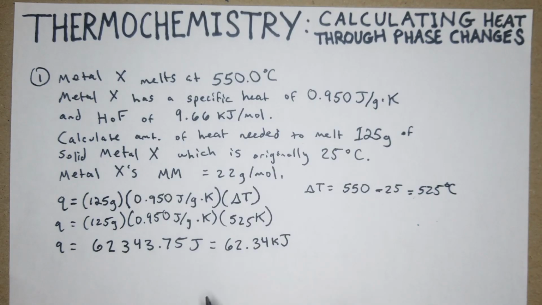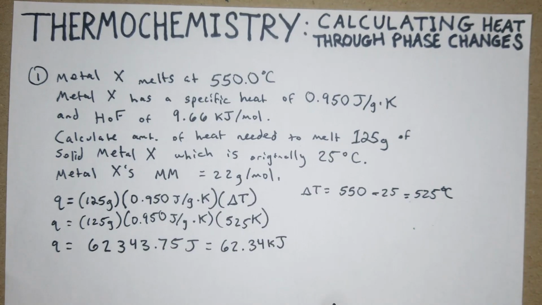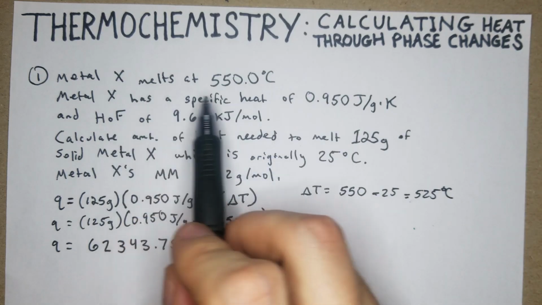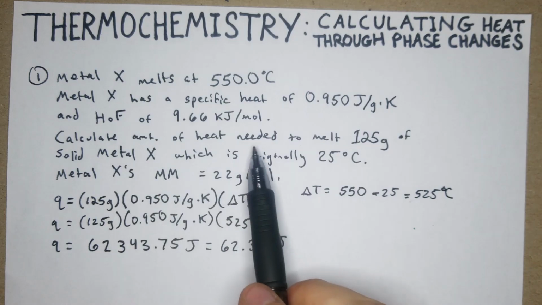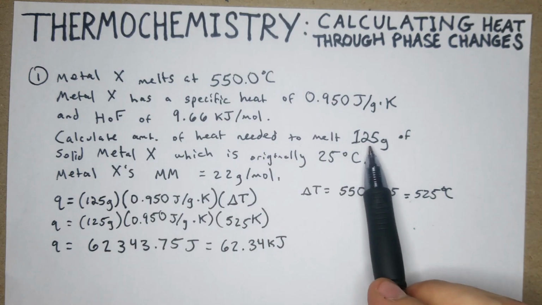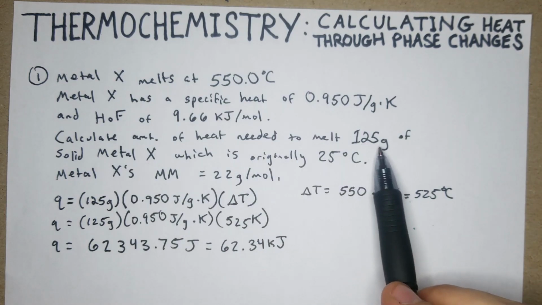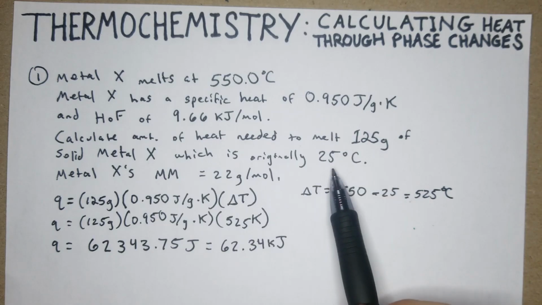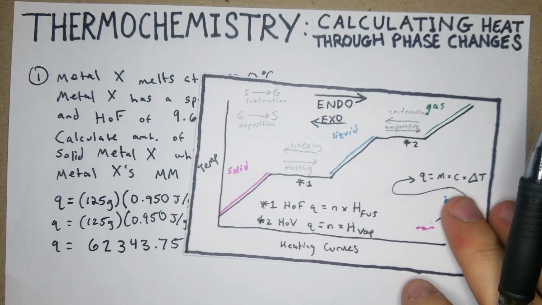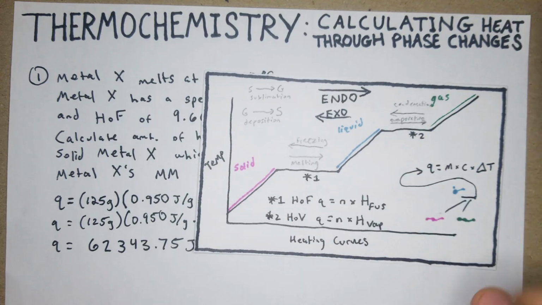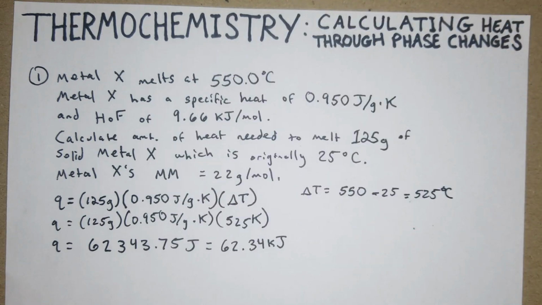So now what did we basically just do? Where are we at here? We're trying to heat the metal, which melts at 550. How much heat is needed to melt 125 grams, which is originally 25? So we're trying to go from solid to liquid, and we're going to move this way.